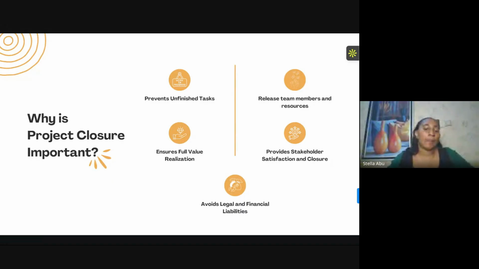And then you avoid any legal issues. Legal issues meaning that if you've gotten a contract from someone, when you're closing the project formally, you'll be able to say, see, this contract has ended, the project has ended, I've paid you, everybody goes, right?